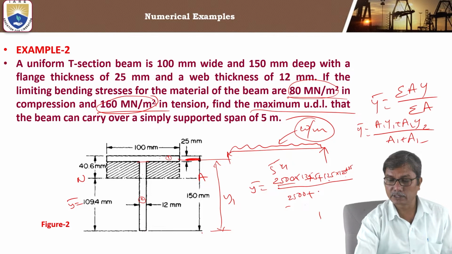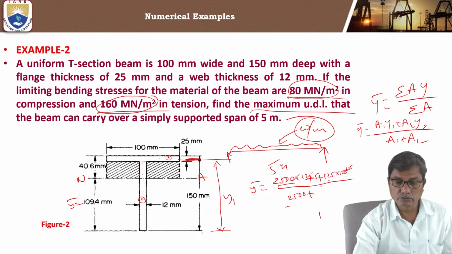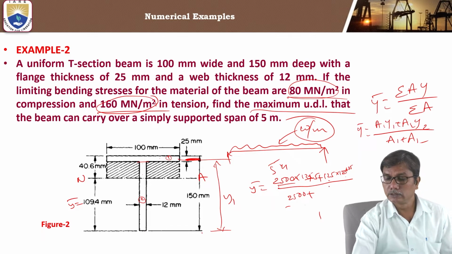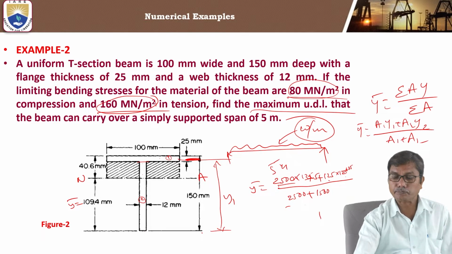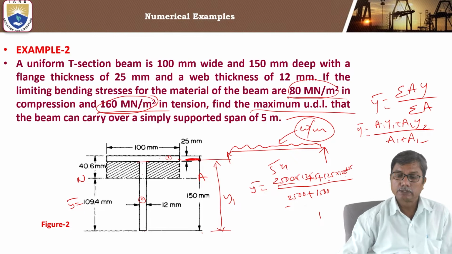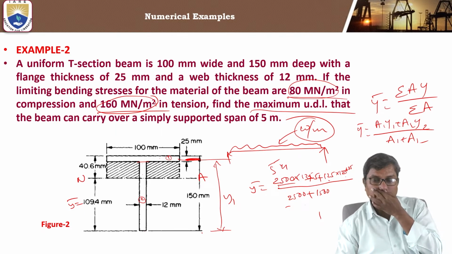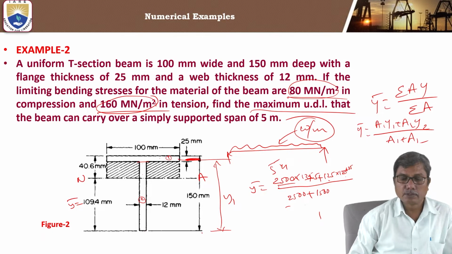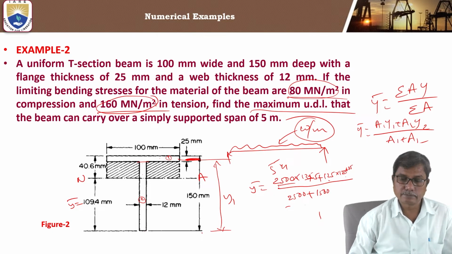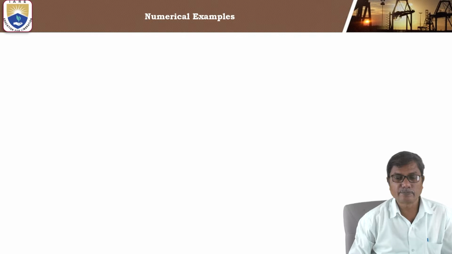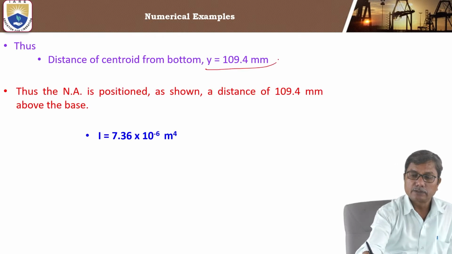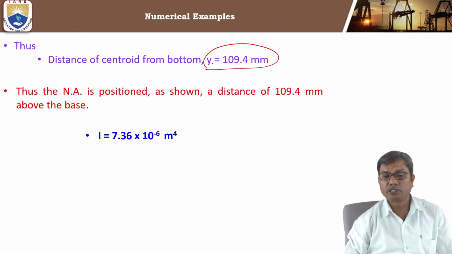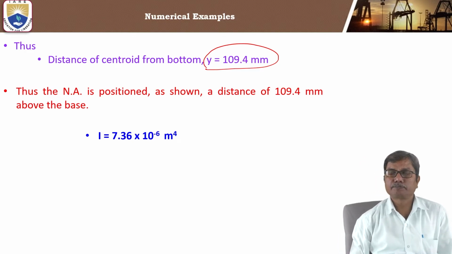125 into 12 is 1500. This gives the distance of the neutral axis above the base, which comes out to be 109.4 millimeters.